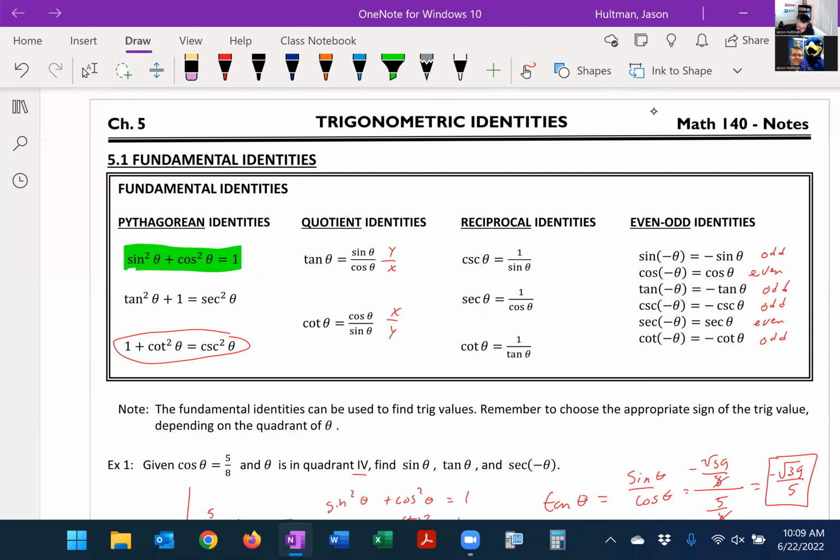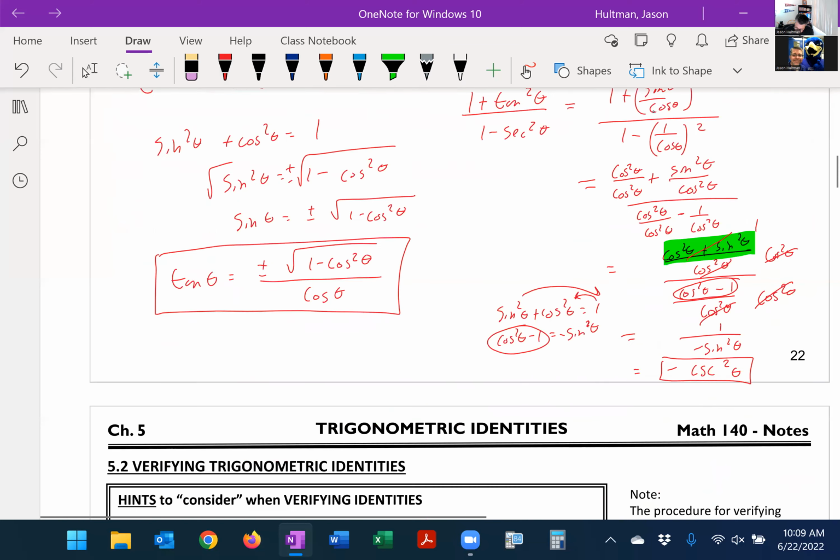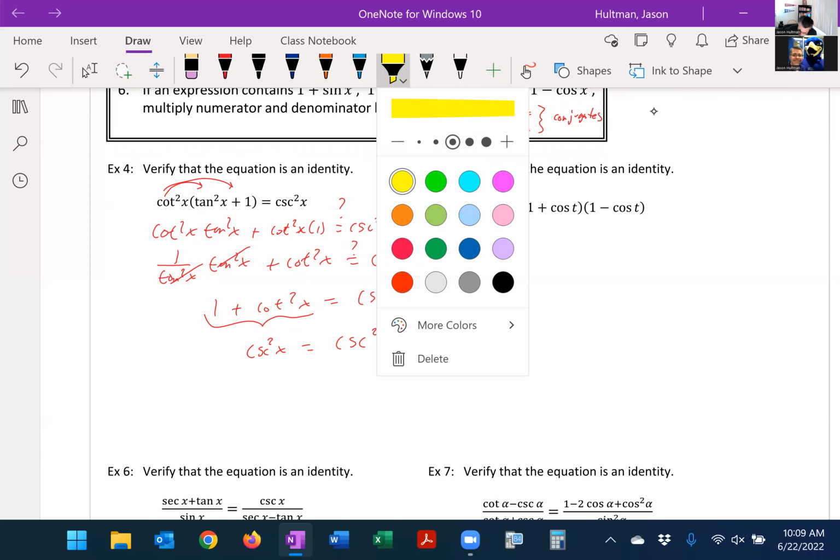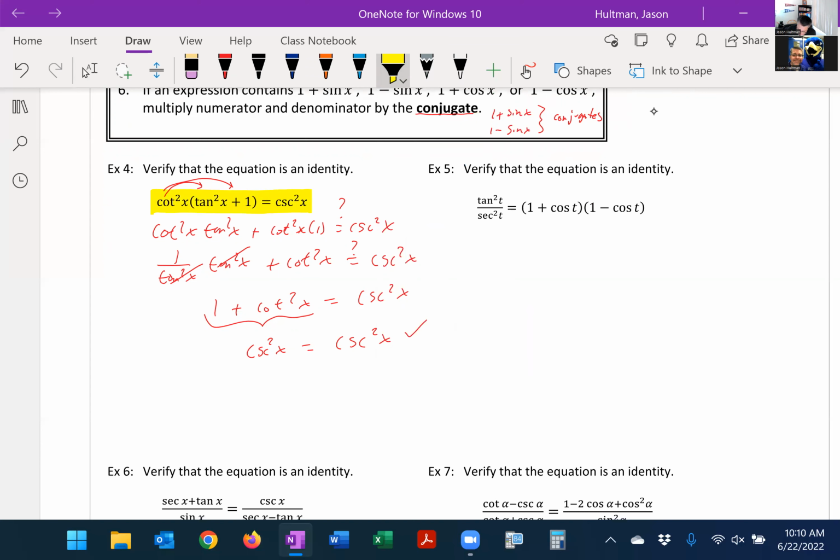So we can use that fundamental identity directly, and say yes, cosecant squared x does equal cosecant squared x. And so that checks. We know the original one checked, because we ended up with something equal to something else.